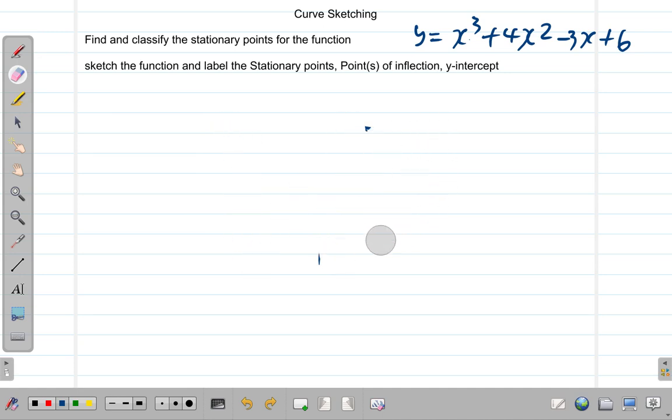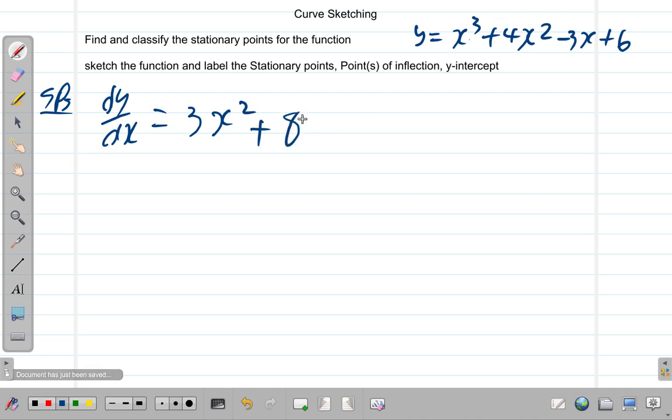So let's differentiate. We're finding the stationary points, the SPs. dy/dx is 3x squared plus 2 times 4, 8x, minus 3. That's the gradient function.